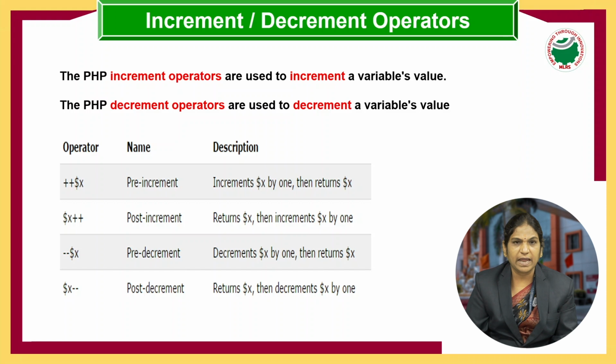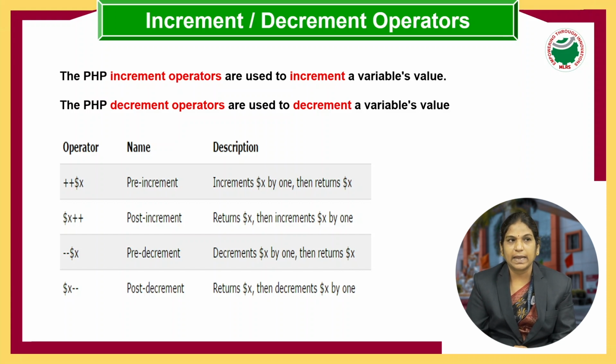Here we have post increment, pre increment, post decrement and pre decrement. So plus plus $x, pre increment, increments the $x by 1 and then returns the value, and $x plus plus returns the value and then increments the value.